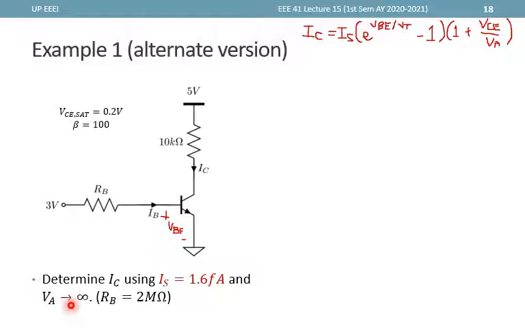Although in this case, we are given that VA approaches infinity, so some finite value over infinity must be approximately 0. So this whole factor will just be 1 plus 0, or 1, so we can actually remove that already.